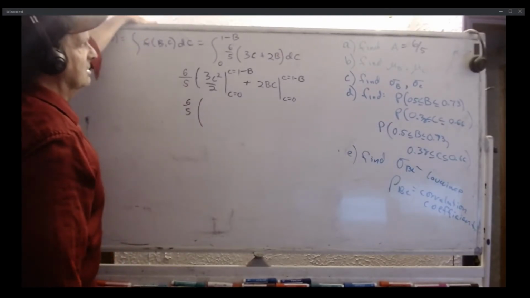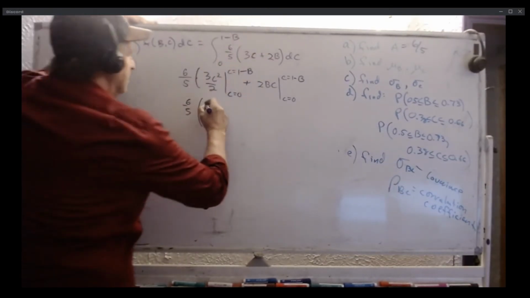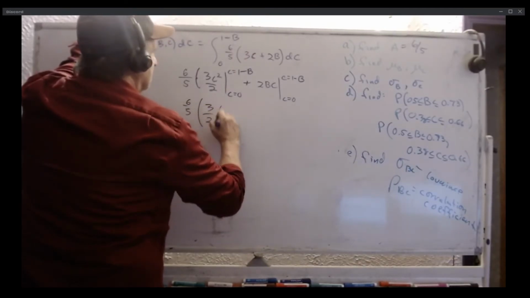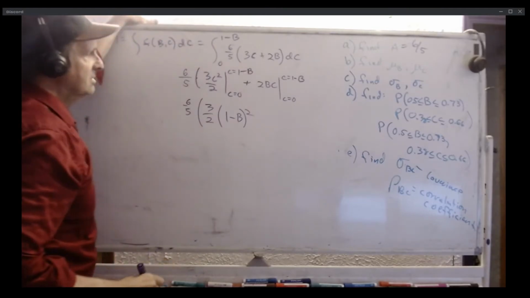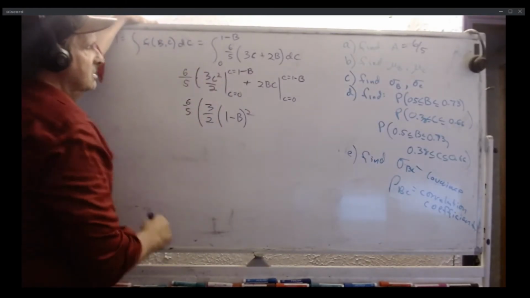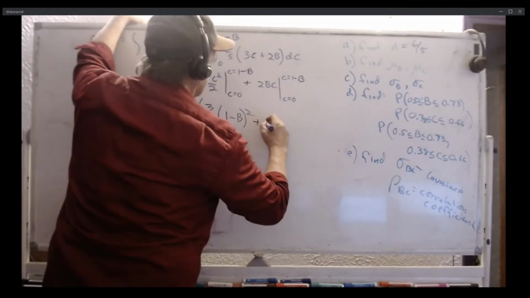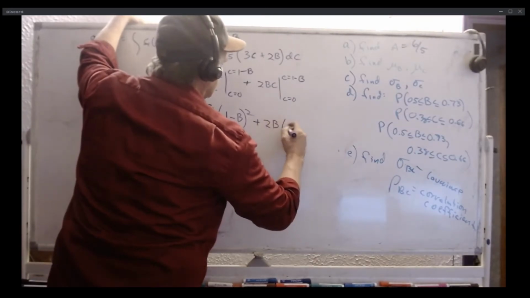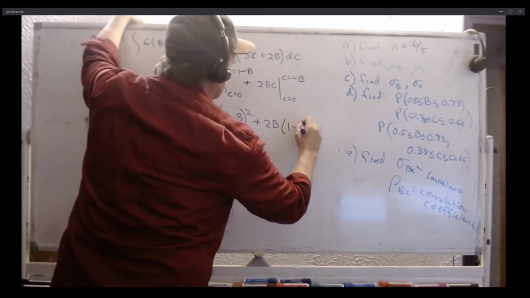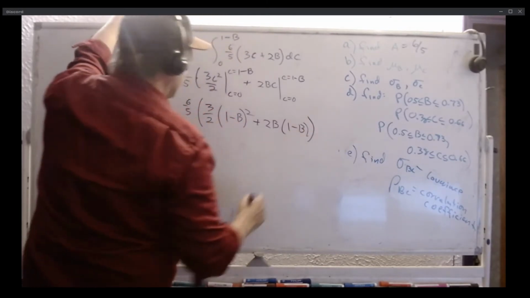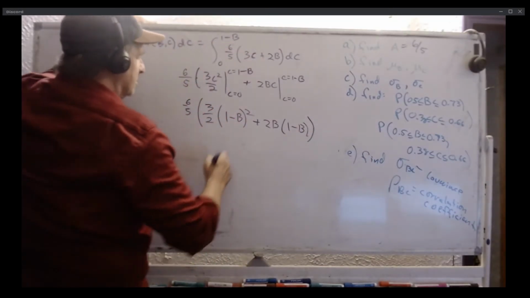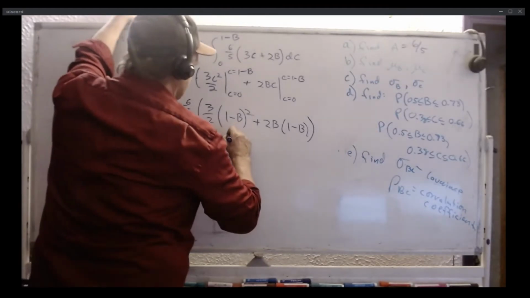So now we have 3/2 of 1 minus B quantity squared from the first portion. The second portion is 2B times the quantity 1 minus B. The zeros just drop out, guys. Okay? Go ahead and multiply this out, see what you get.